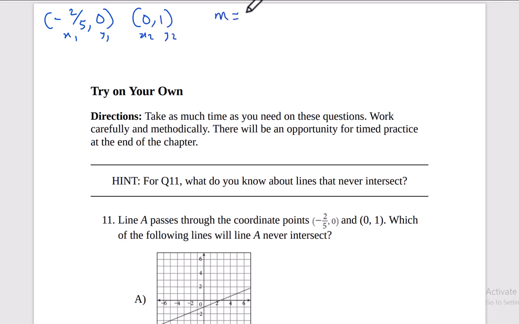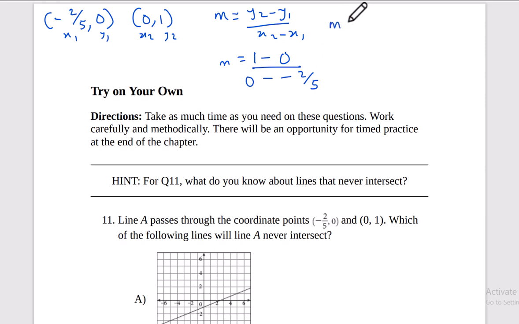So slope, which is m, is y2 minus y1 all over x2 minus x1. So m is equal to, what is y2? 1. 1 minus y1, which is 0, and then all over x2, which is 0, minus -2 over 5. Please take note of that.